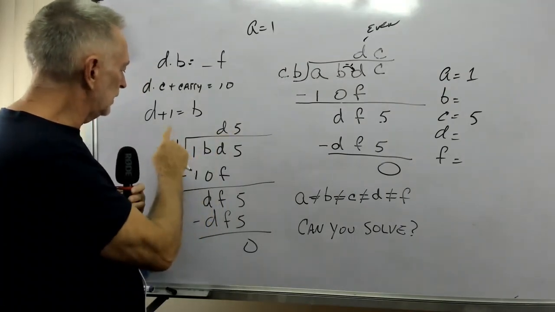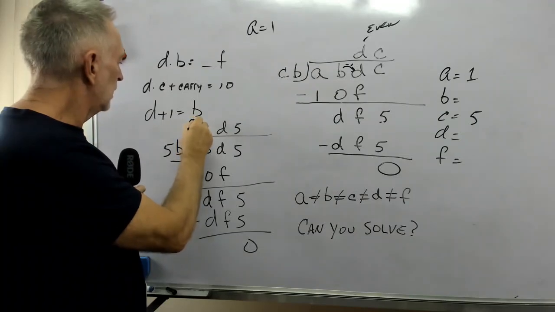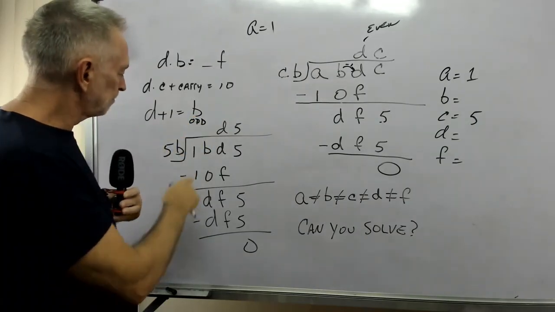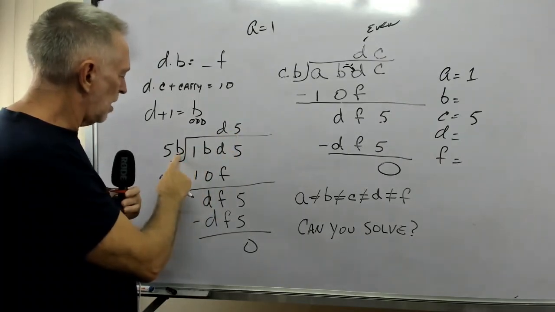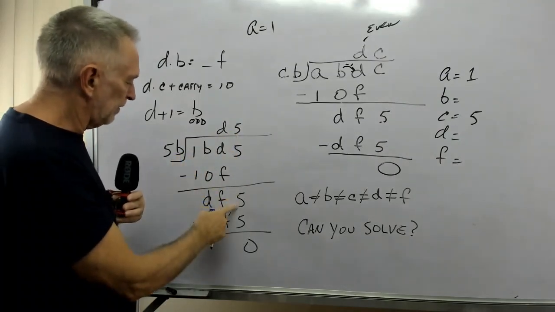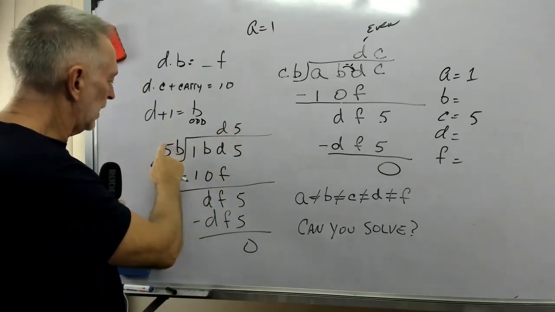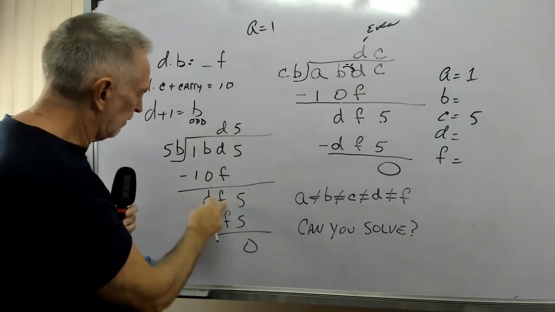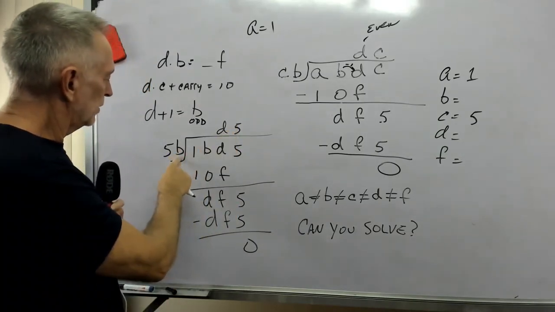So B is odd. So 5 times some odd number, 5 times 3 would be 15. 5 times 5 is 25.